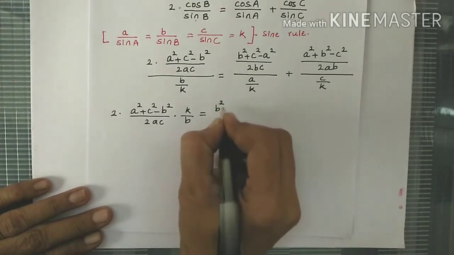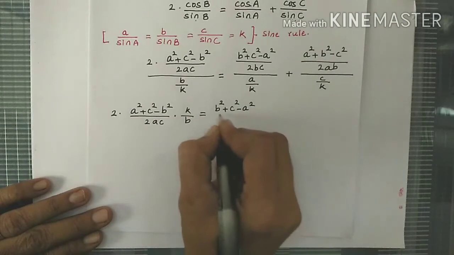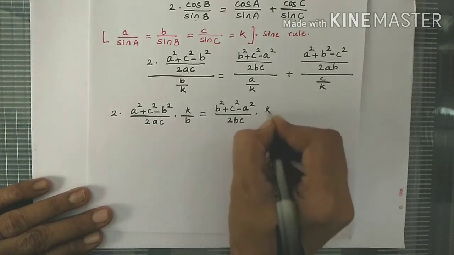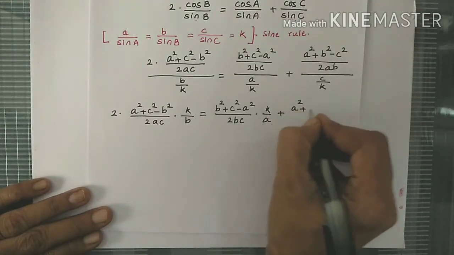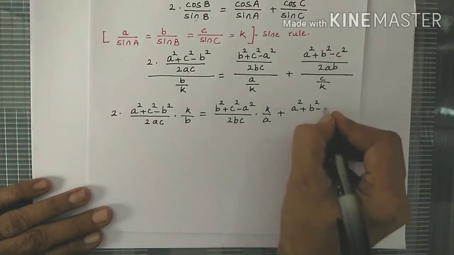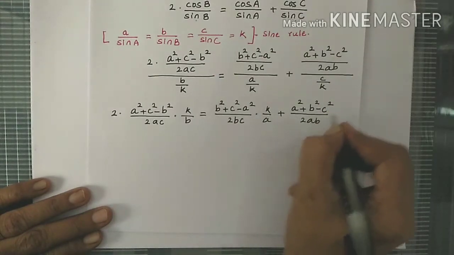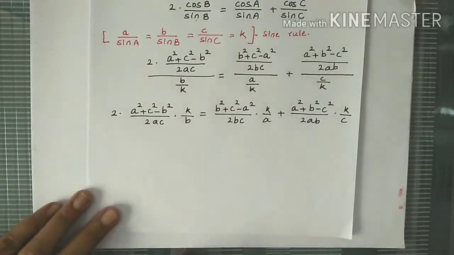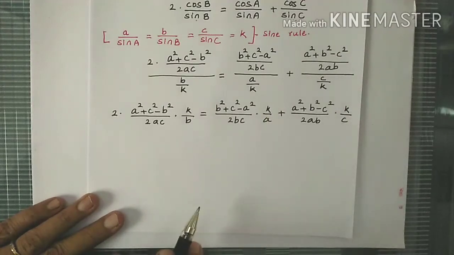Similarly, let's write for these two terms: b² plus c² minus a² divided by 2bc multiplied by k upon a, plus a² plus b² minus c² divided by 2ab into k upon c. Now you can see that each term contains k, so we can cancel that k.